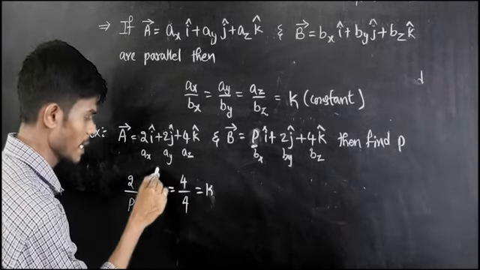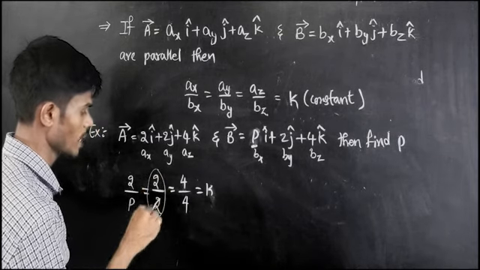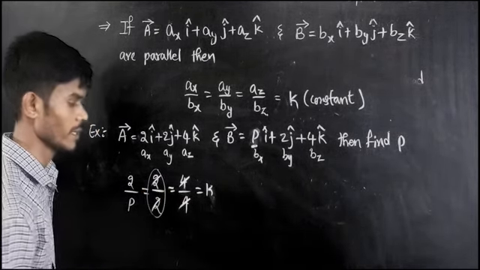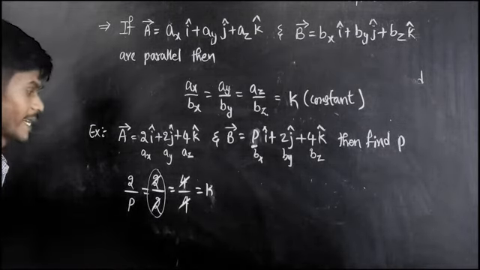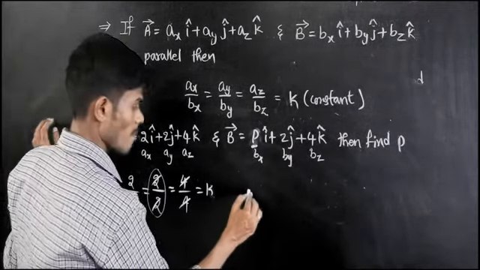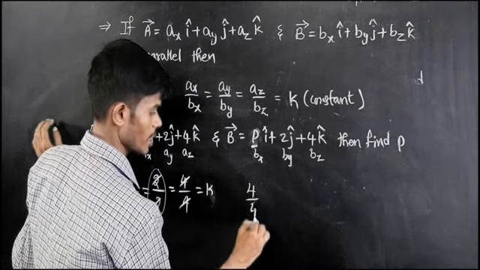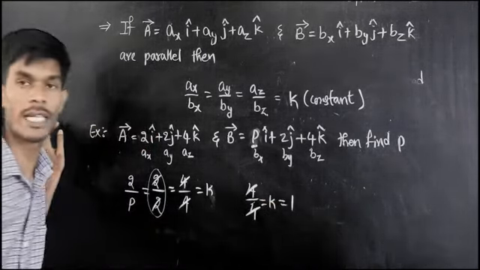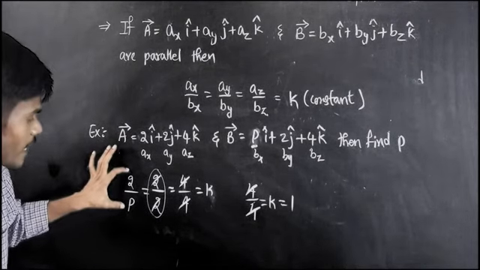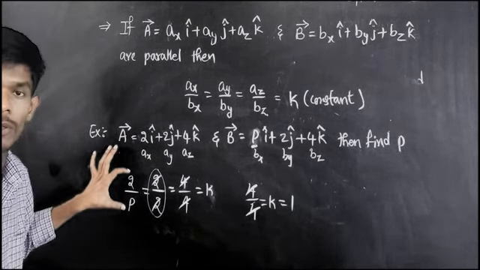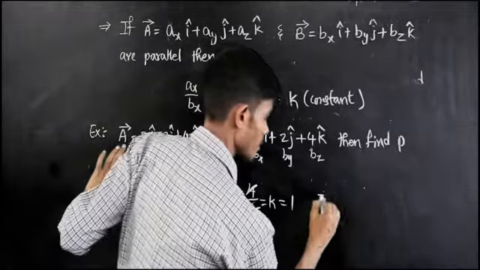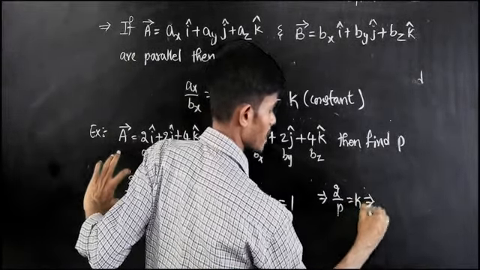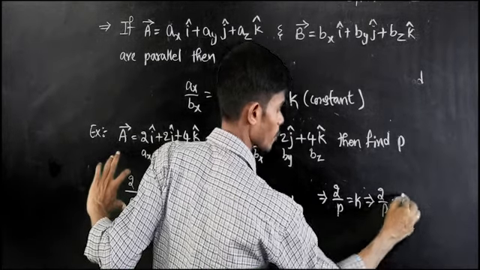What is the constant? Consider any one condition: 2 by 2, 2 ones are 2, 4 by 4, 4 ones are 4. Here we can consider 4 by 4 is equal to the constant, that is equal to 1. So k is equal to 1. If we equate k equal to 1 to 2 by p, what will we get? 2 by p is equal to k, that represents 2 by p is equal to 1.